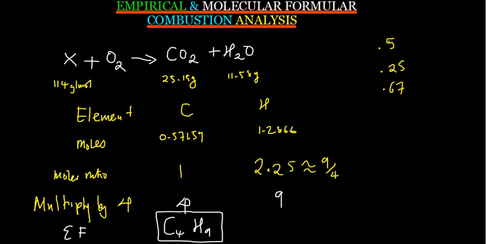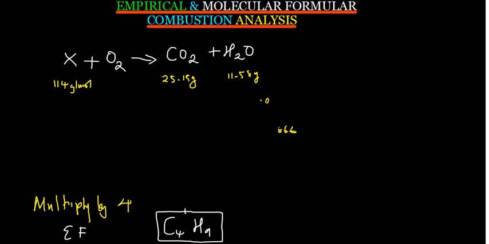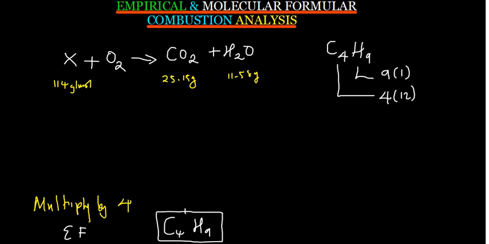Why did you multiply by 4? You multiply by 4 because the other part which we had gave us a fraction, 9 over 4, and we didn't want a fraction.